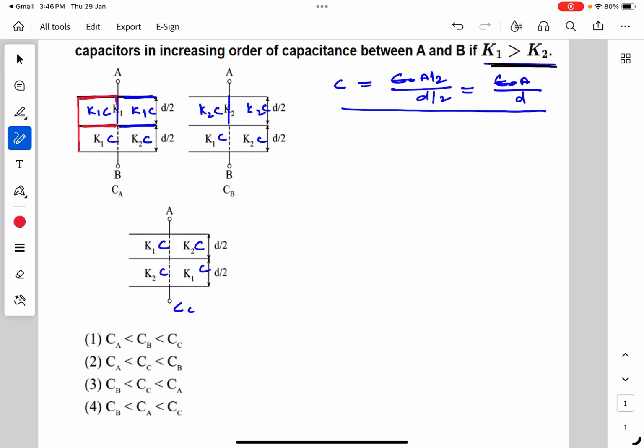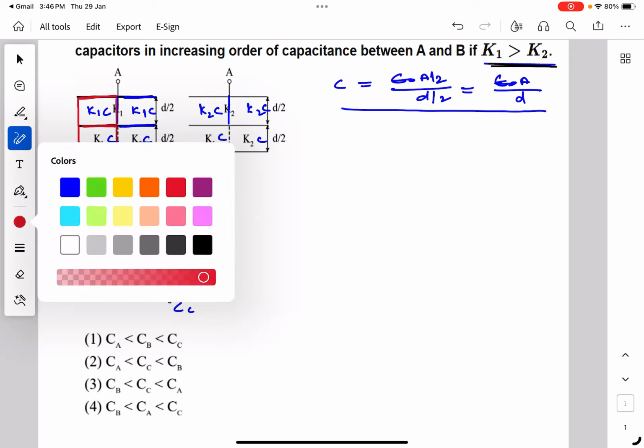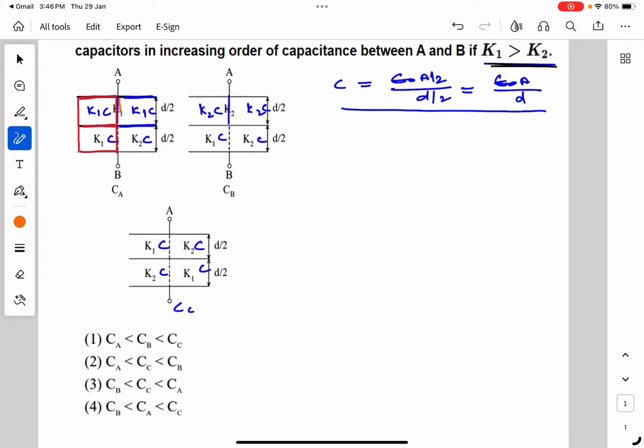these two capacitors are connected in series and these two are also connected in series, and their resultants will be connected in parallel.